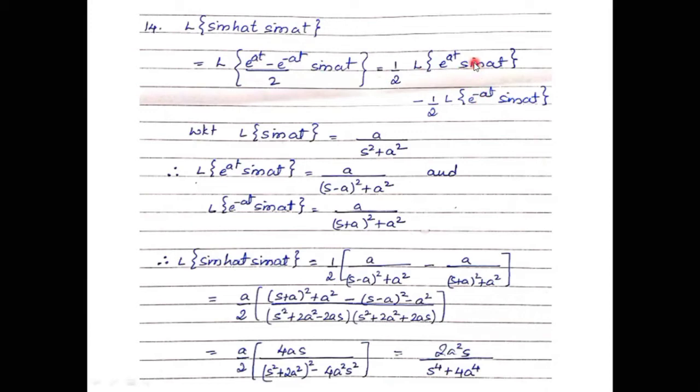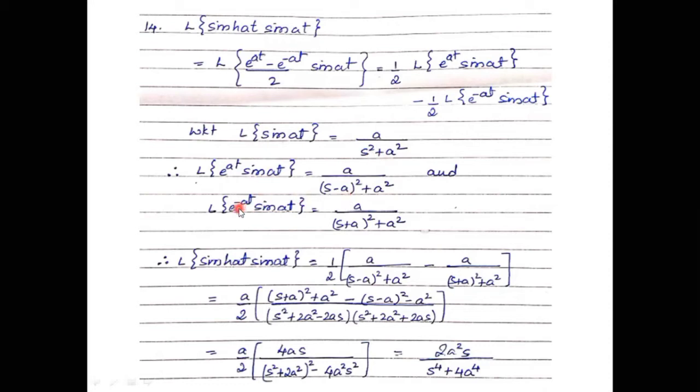Now what I'll do is see what is Laplace transform of sine at. I know it is a by s square plus a square. Now we'll find this separately. Laplace transform, when you add this e power at, you'll just replace s by s minus a.